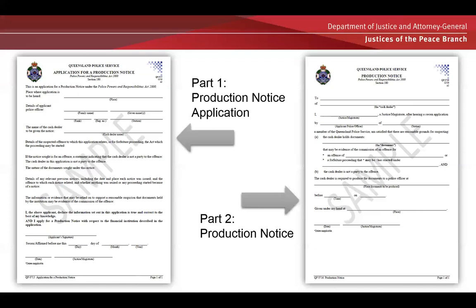Okay. As with the search and arrest warrant application, that remains with you. That forms part of your record keeping. Okay, so please keep that in a safe place so you can write on that application for a production notice if you had made additional notes or conversation during the witnessing transaction.